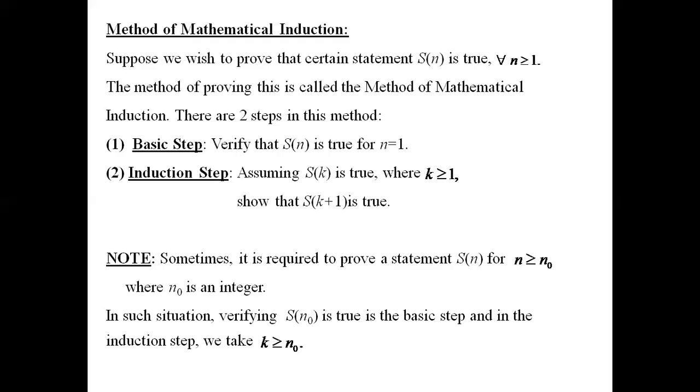In such situation, we will be considering S of n naught to be proved as true as the basic step. And in induction step, we will be taking k greater than or equal to n naught. So this is the overall gist of the mathematical induction. So let's see problems on mathematical induction.